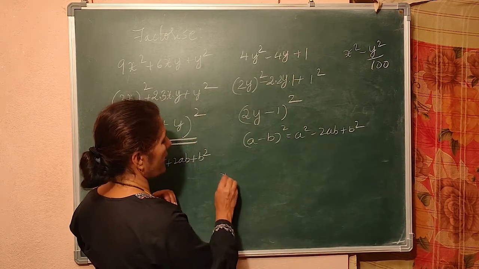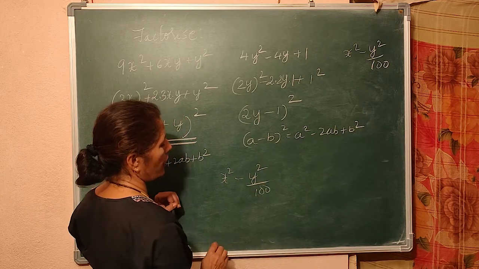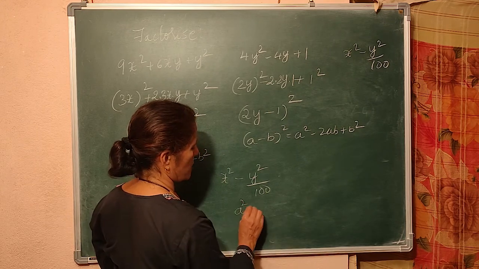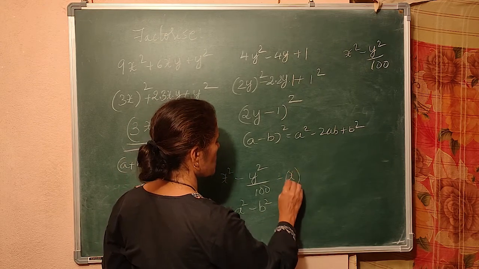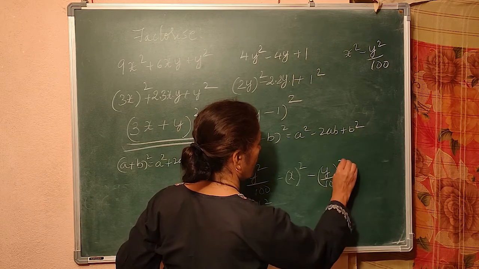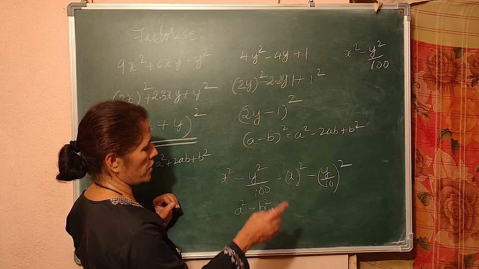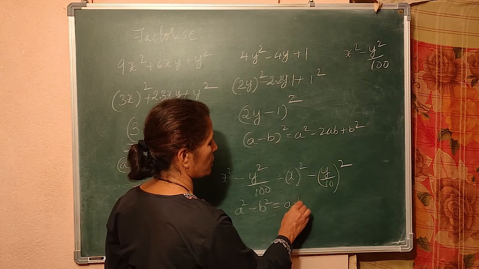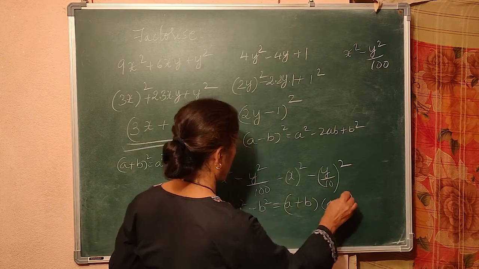Now, x square minus y square by 100. Only when there are two terms, what is it that you have to use? It is in the form of a square minus b square. So, it is in the form of x the whole square minus y by 10 the whole square. What is y square by 100? It is y by 10 the whole square. What is a square minus b square? A square minus b square is equal to a plus b into a minus b.